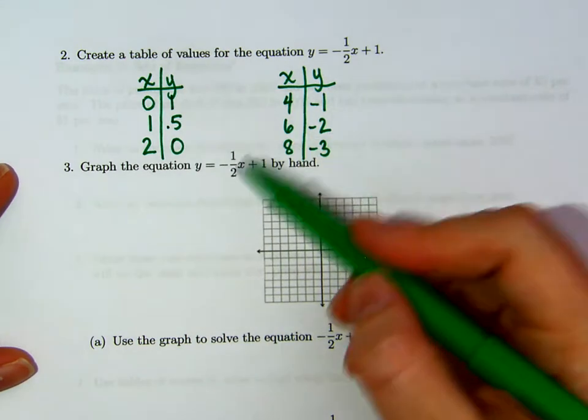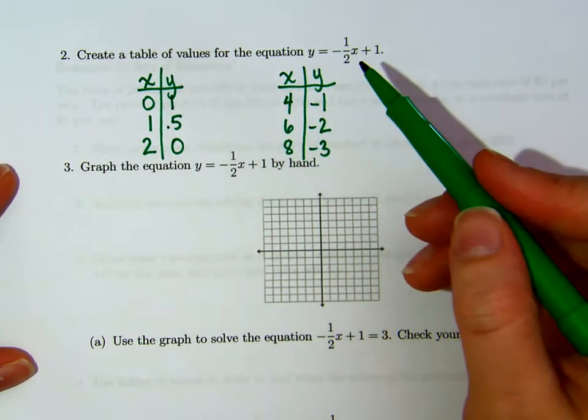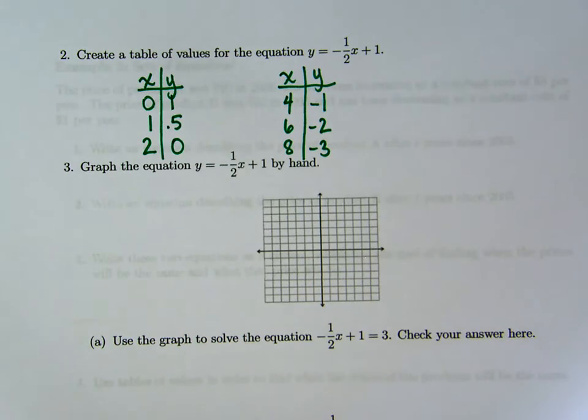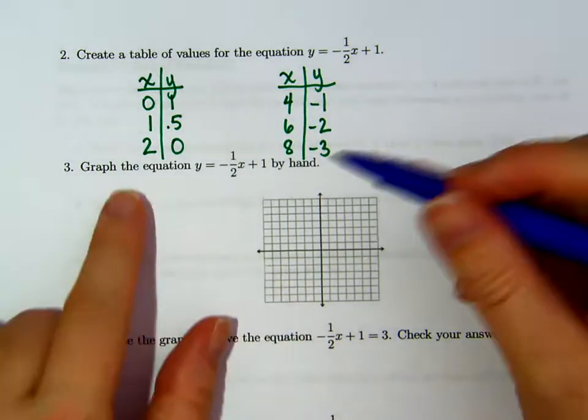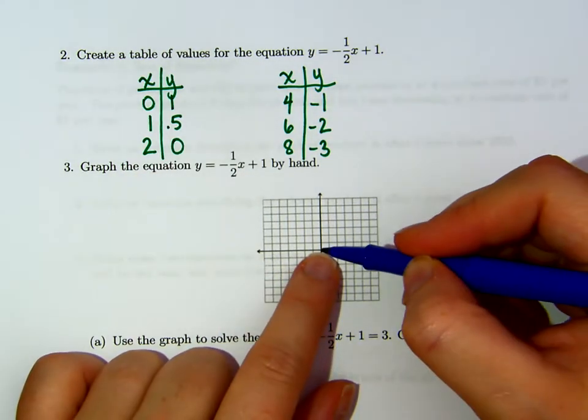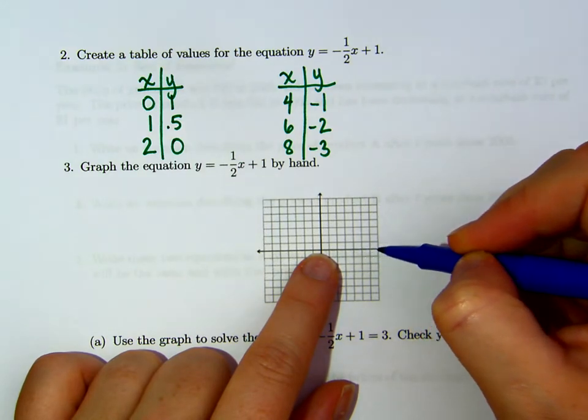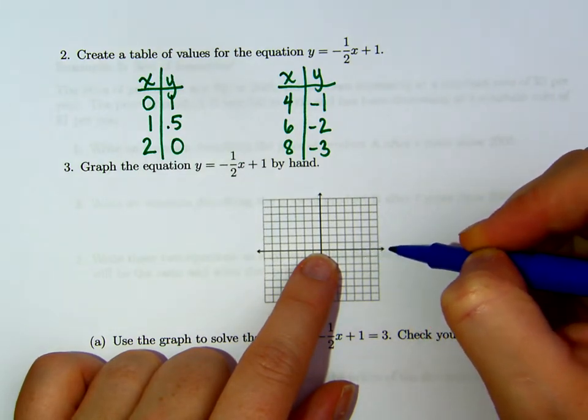Graph this equation by hand. Okay, so it looks like I'm going to be plotting some points. And I don't think I really need to change my scale, so that's nice. 1, 2, 3, 4, 5, 6, 7. Oh, I'm going to have to go a little bit out, but that's all right.